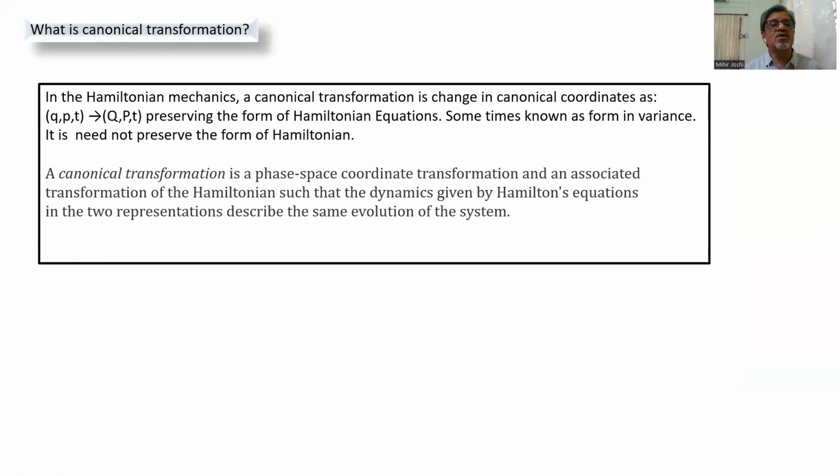So first, we try to understand what a canonical transformation is. In Hamiltonian mechanics, a canonical transformation is a change in canonical coordinates, small q, p, and t, to new canonical variables, that is capital Q, capital P, and T, preserving the form of Hamilton's equations.